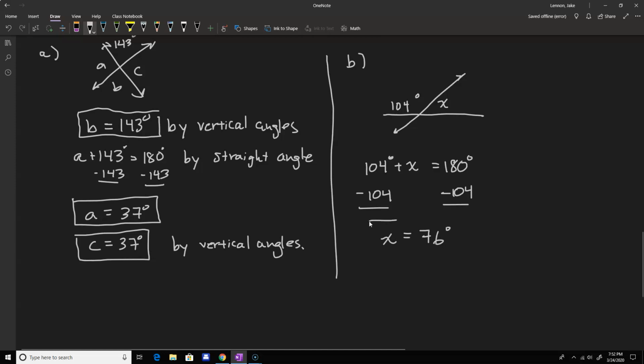I will make one comment. A lot of times when people talk about the measure of an angle, sometimes they label just the vertex, and if you want to indicate an angle, let's just make a comment on notation.